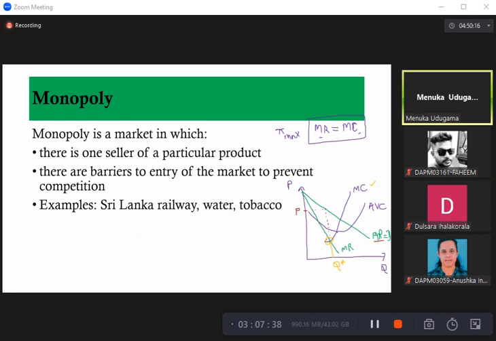So now we can also find the profit. To find the profit, how do you find the profit? Profit is revenue minus cost, isn't it? Right. So how do you find the cost? Now, this is the average variable cost curve. Again, this shows us the cost per unit.